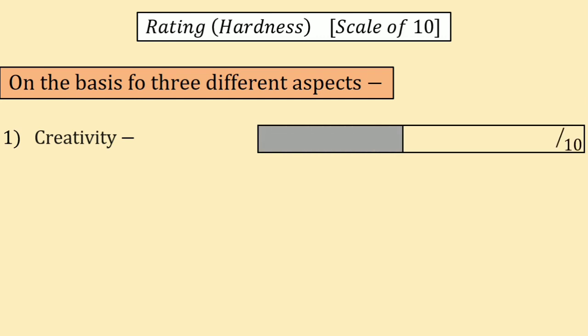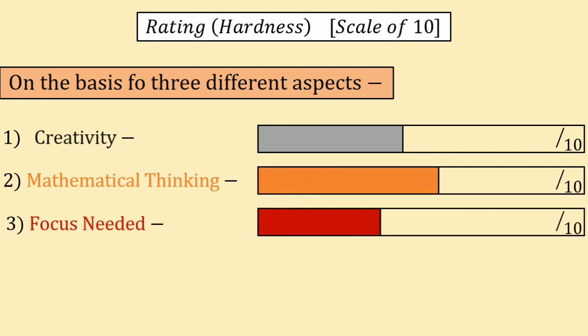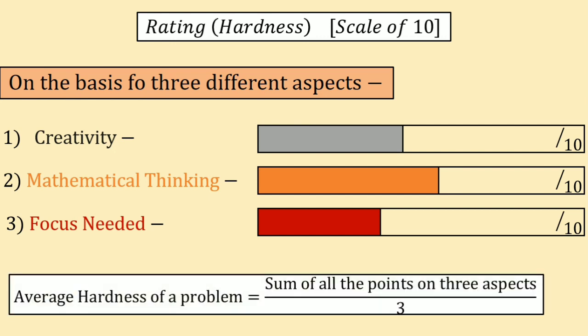The second aspect is mathematical thinking, and the final aspect is the focus needed for solving that problem. Our average hardness of a problem is the sum of the points on the three aspects divided by 3. We do this rating at the end of the video, after I show you the solution.